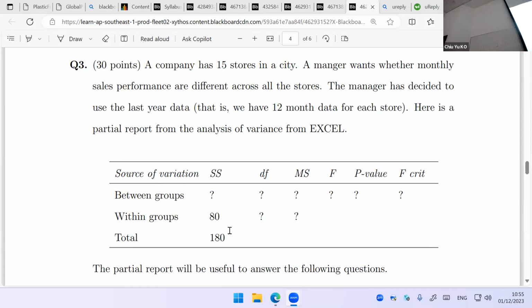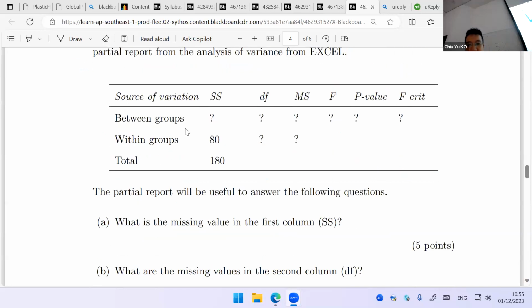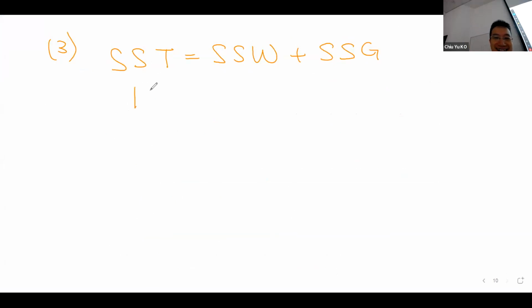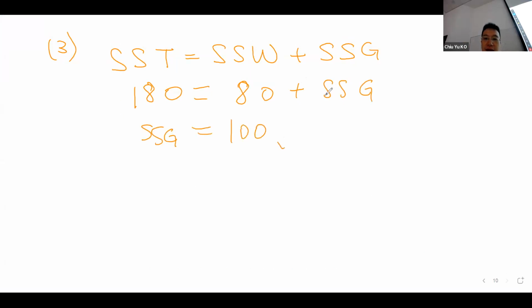SST equals SSG plus SSW, so 180 equals SSG plus 80. The answer is 100. SSG is 100. Done. That's 5 points.